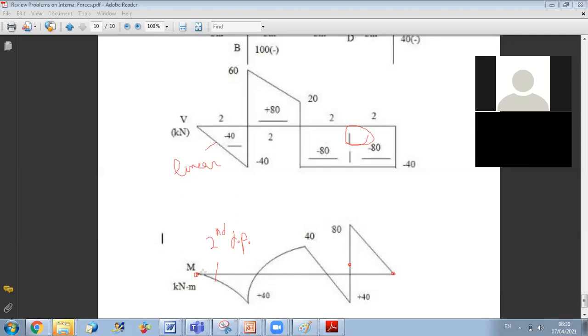So since V is 0 here, the slope of M is horizontal. Then V is decreasing until reaching minus 40. So the slope here will decrease until having a value of minus 40. So you can just put the extreme values. So this is 0 slope, horizontal tangent. And here I have a slope equal to minus 40.